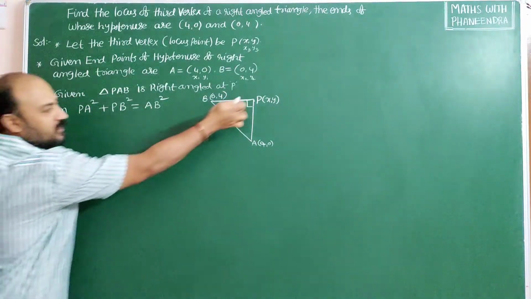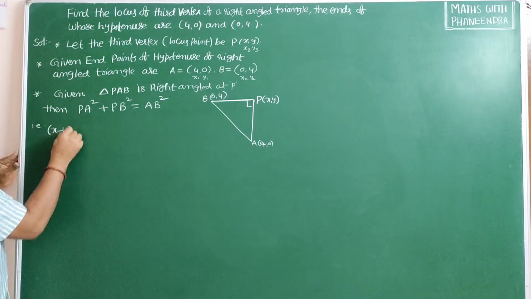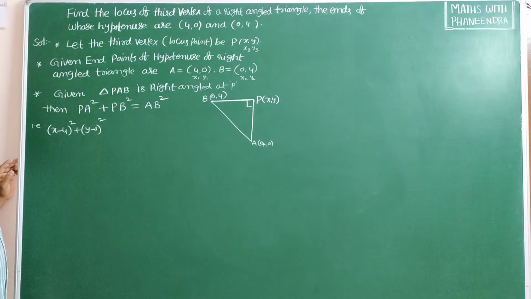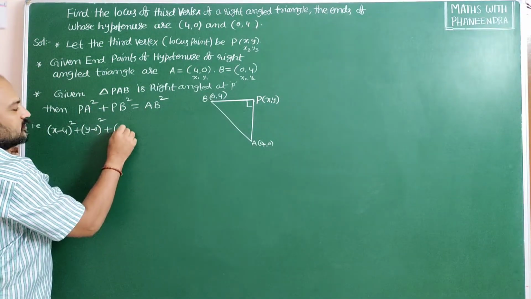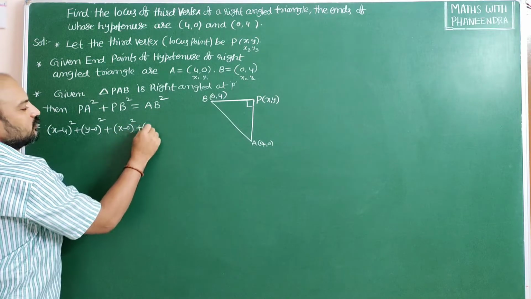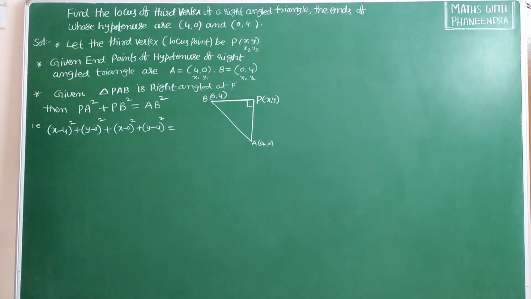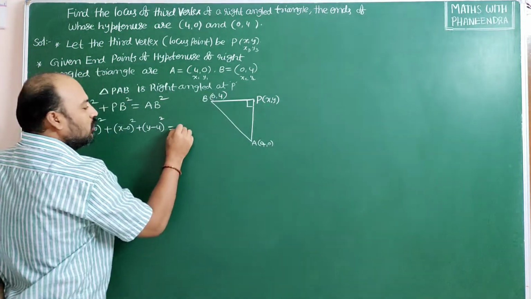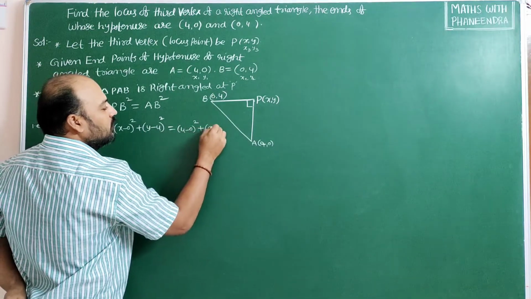So PA square, distance between these two, is x minus 4 whole square plus y minus 0 whole square. Next PB square is x minus 0 whole square plus y minus 4 whole square. AB square is 4 minus 0 whole square plus 0 minus 4 whole square.